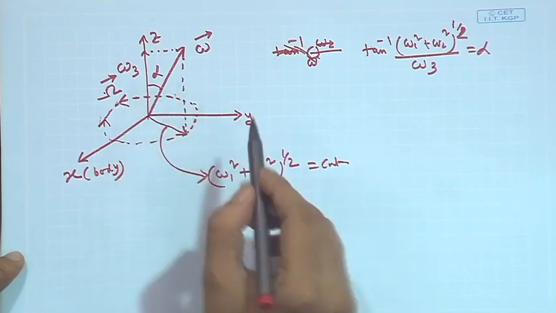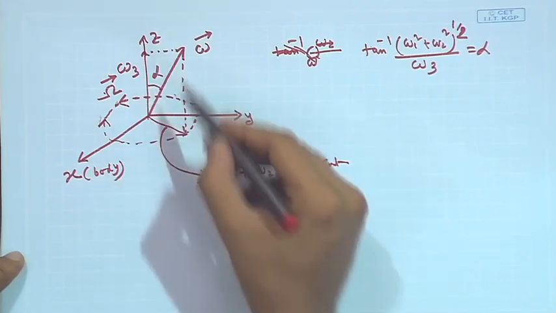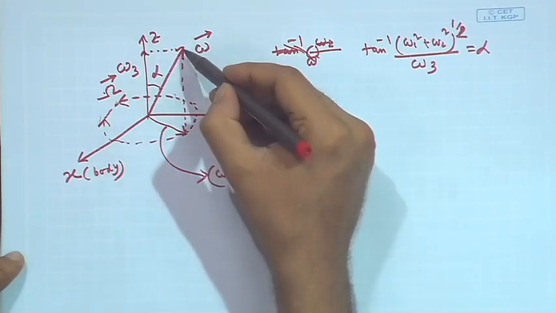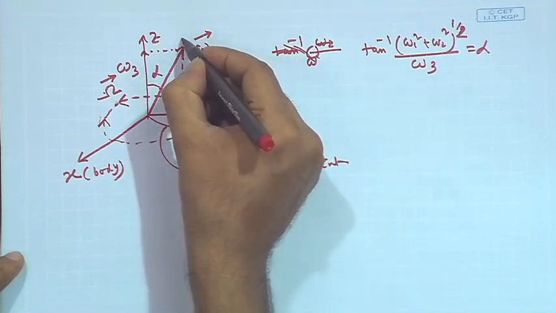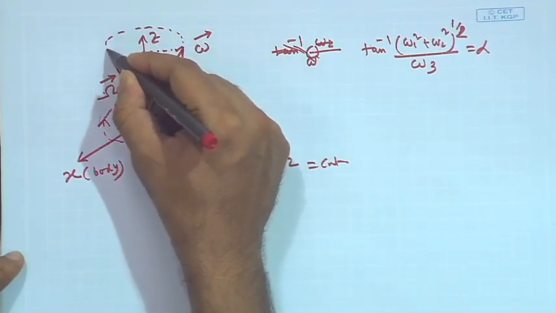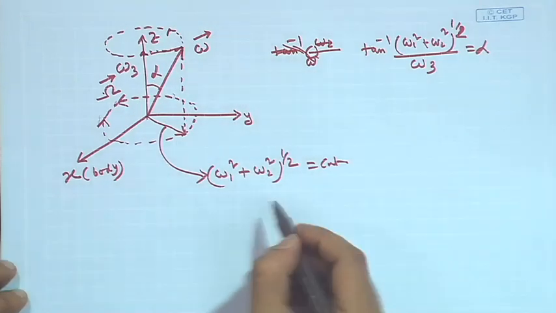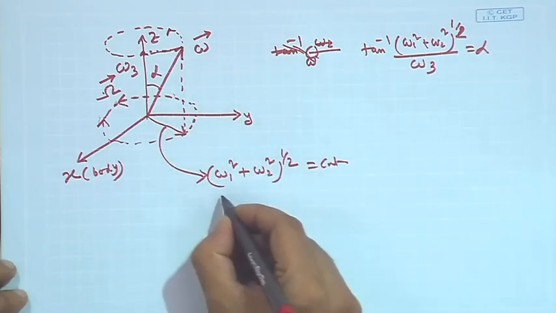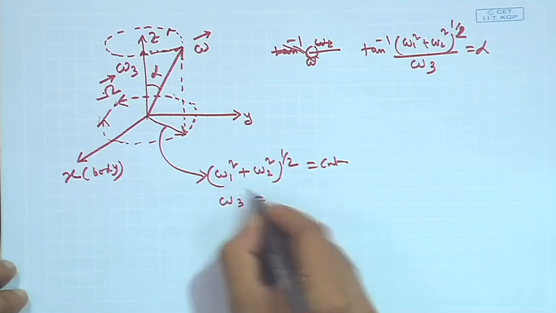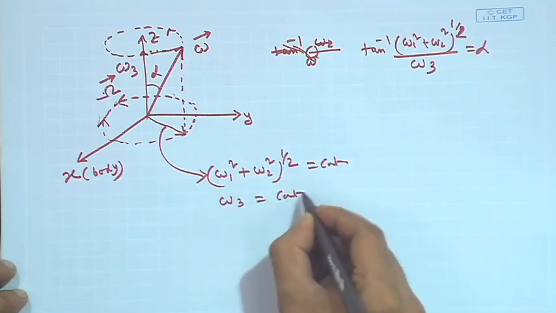Now, if this happens, so the z component is fixed and the xy component is rotating, that means the entire omega vector itself is rotating around the body z axis. It has to be, otherwise these two separately cannot be true. So, we have this one constant and omega 3 equal to constant.